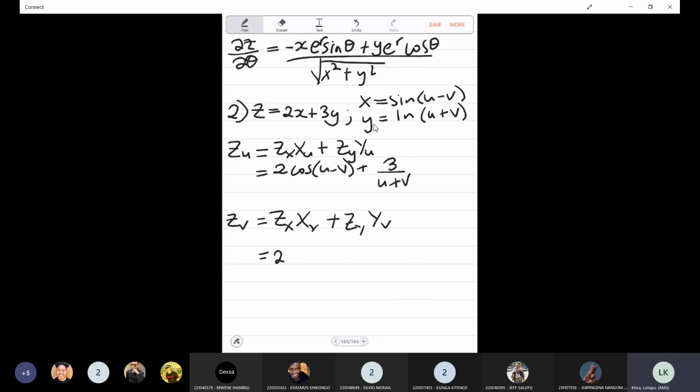And then x with respect to v is minus cos of u minus v. And then z with respect to y, we got 3. And then the derivative of y with respect to v is just 1 over u plus v. So if I were to write this nicely, this is 2 cos of u minus v plus 3 over u plus v.